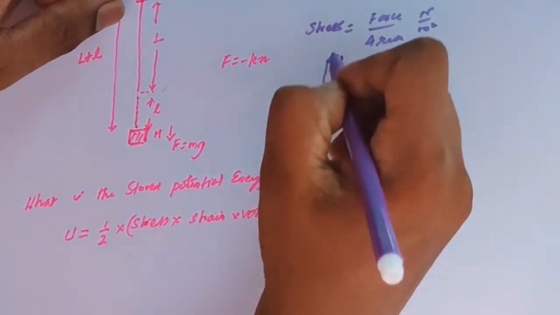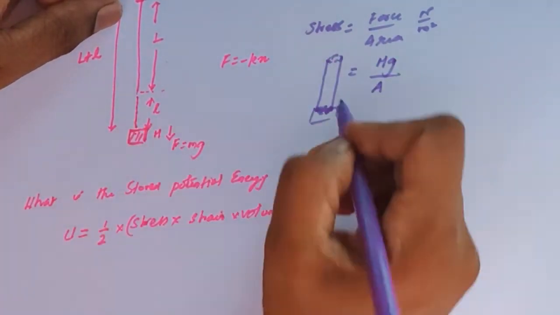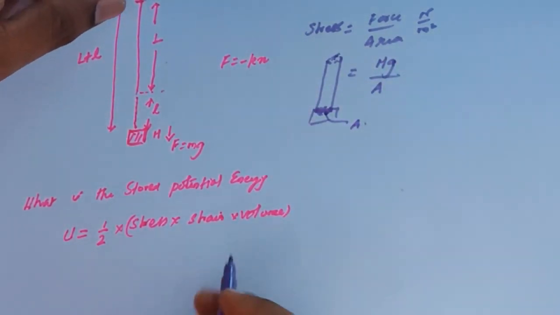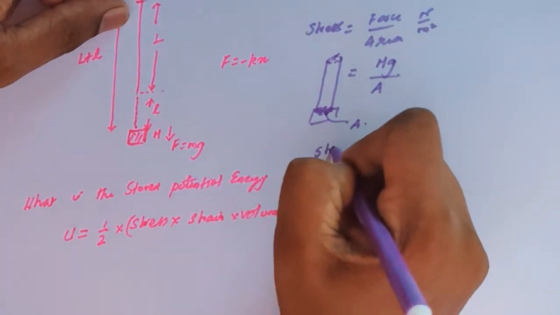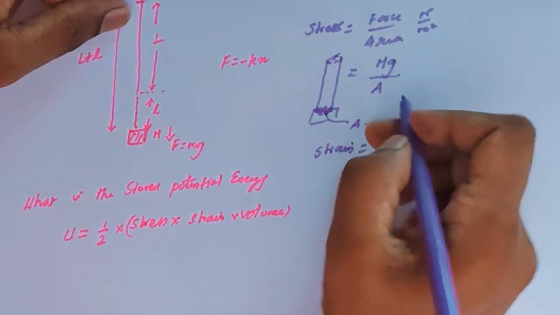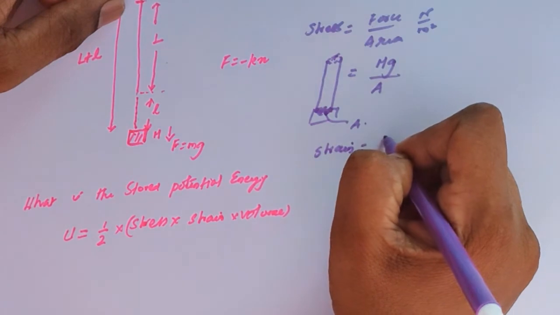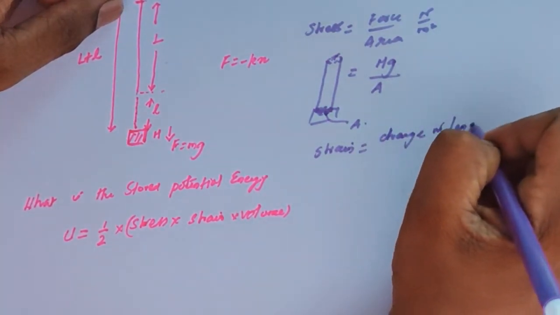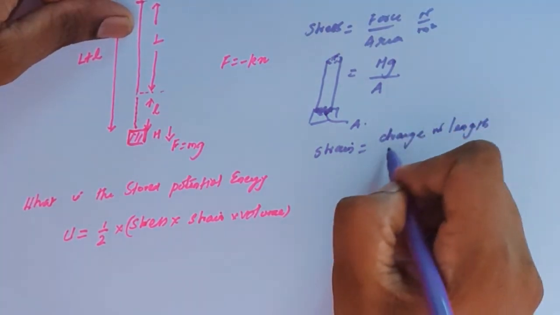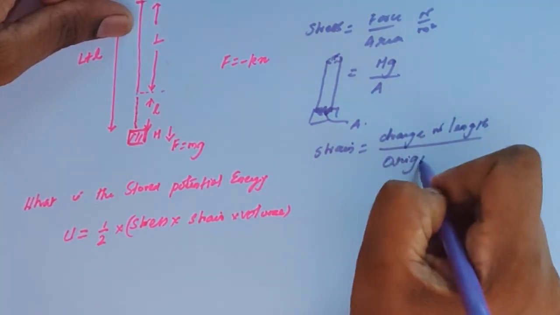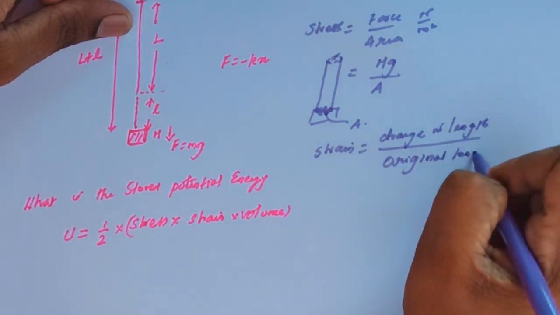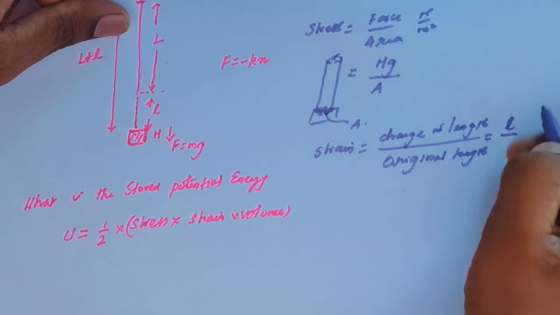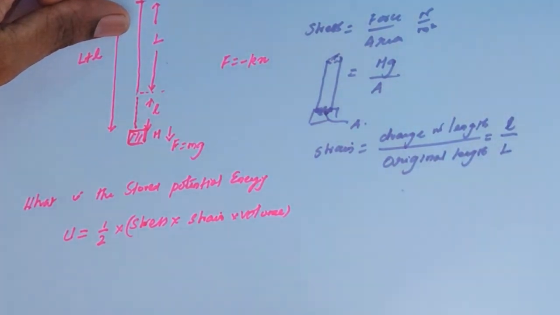In general, you can take the top area or bottom area; assuming a uniform cross-section, that is A. The strain, in general, is the change in length divided by the original length. So here the change in length is small l, and the original length of the wire is capital L.